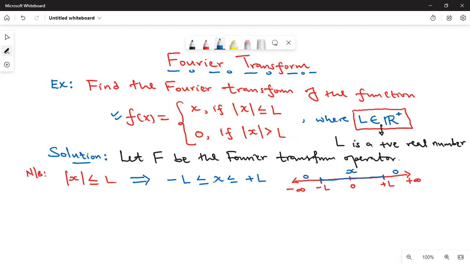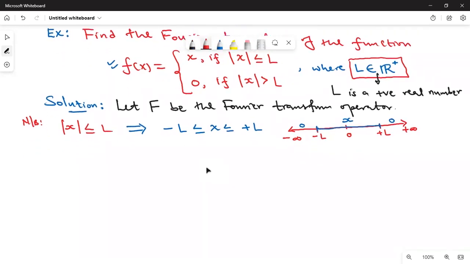Now we break down those intervals into three parts: from negative infinity to negative L, from negative L to positive L, and from positive L to positive infinity. So let's rewrite our f of x.